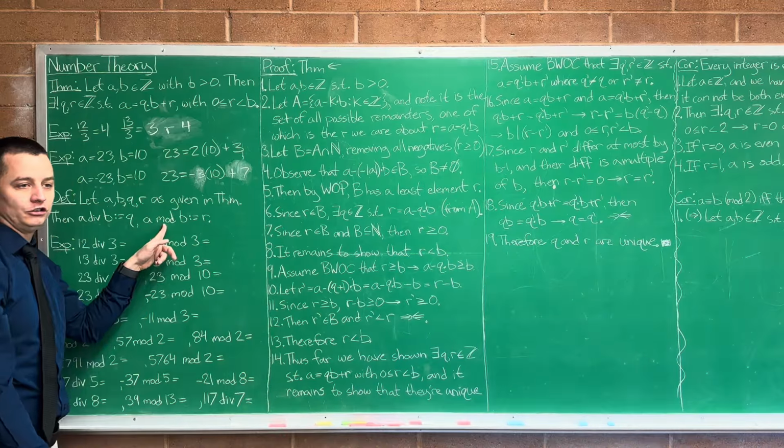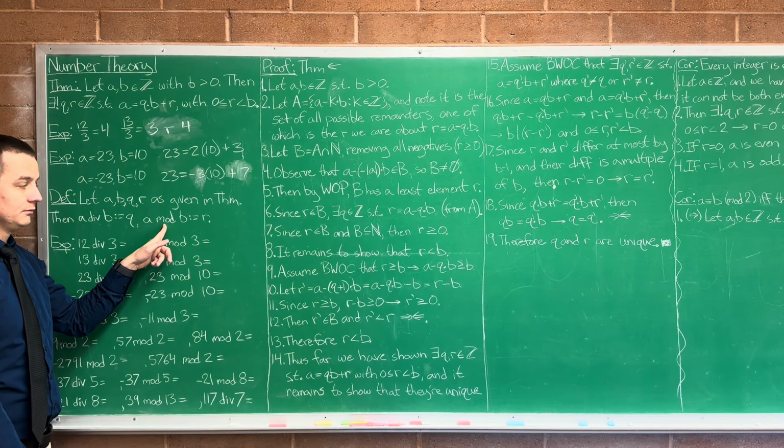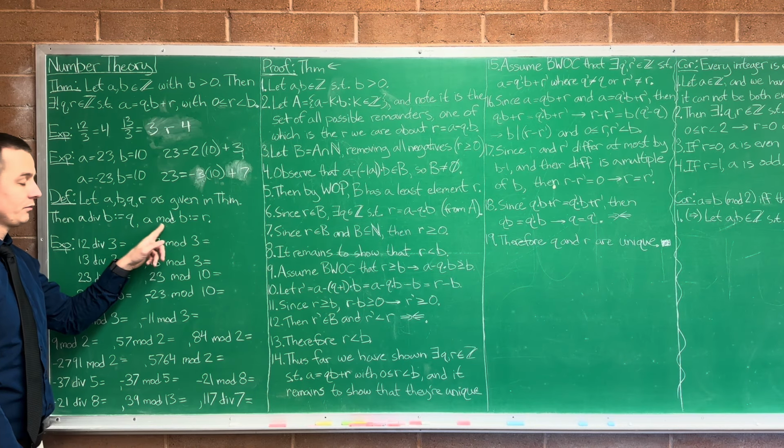This is an operation. This takes two numbers and spits out a number. This was a relation. What did it mean for A to be congruent to B mod 2? It meant 2 divided their difference. So they're related concepts, and we'll see how they're related throughout number theory, but not the same thing.